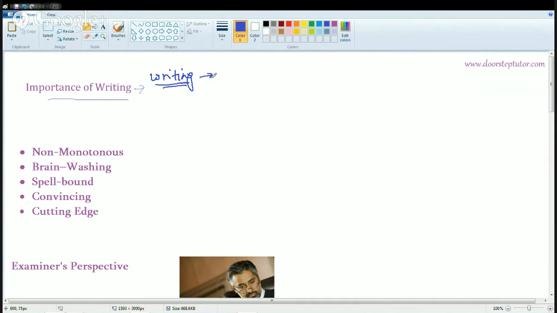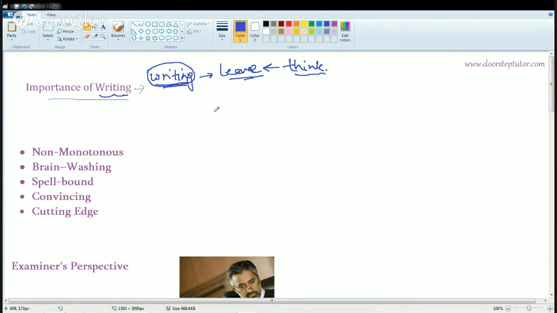If we are going on a vacation, we need to write a leave application to our manager. So writing is a part and parcel of our life. We are writing every day. In the lieu that we are writing something, we need to think. So thinking is an important part of writing.